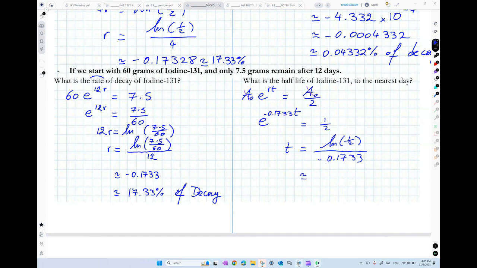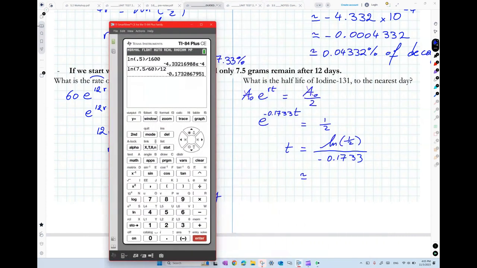And this half-life will be ln of 1/2, 0.5, divided by negative 0.1733, as you can see, to the nearest day, 4 days.